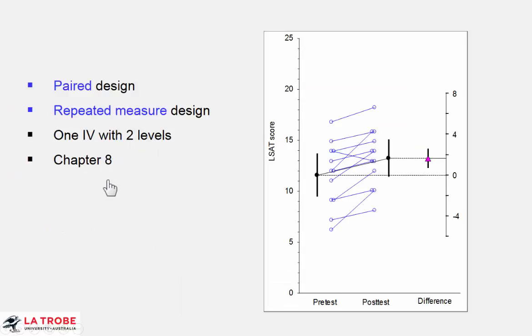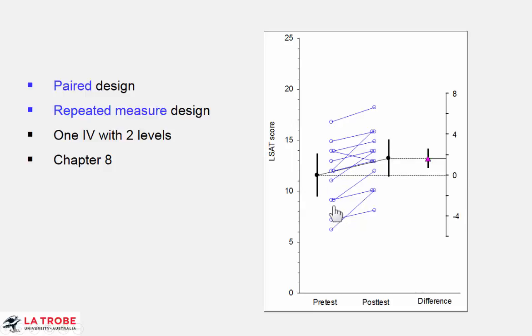The next step was chapter 8, where we looked at a repeated measure design, the paired design, the simplest repeated measure design. So we had a single group of participants and we tested them twice, say the pre-test and the post-test. We had a single independent variable, 2 levels, and each participant saw both levels of that IV.